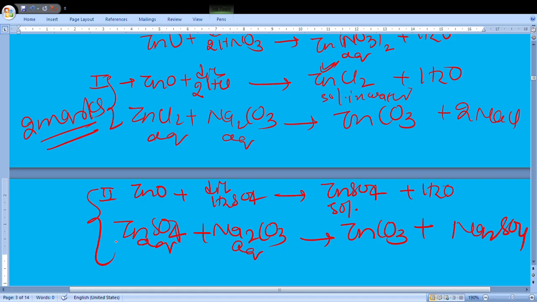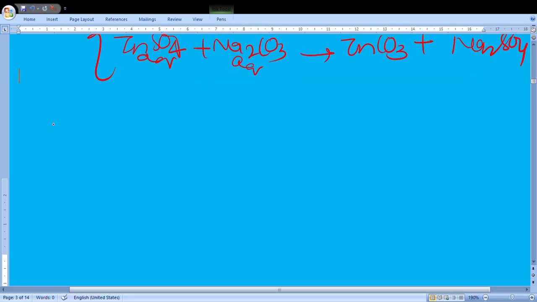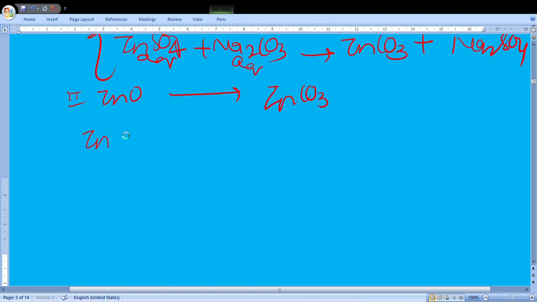Now third one, if you need to convert ZnO to ZnCO3 by using HNO3, the first ZnO will be treated with dilute HNO3 using 2 HNO3, because valency of Zn is plus 2. So you need 2 NO3 negative.